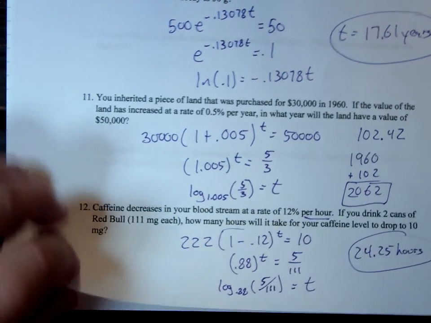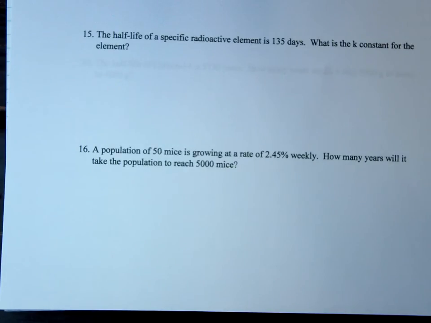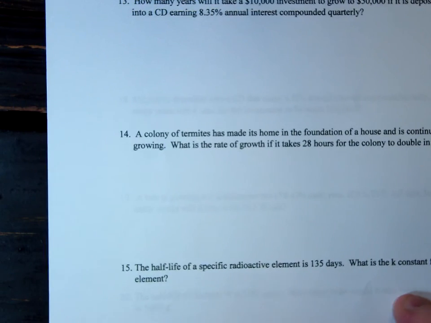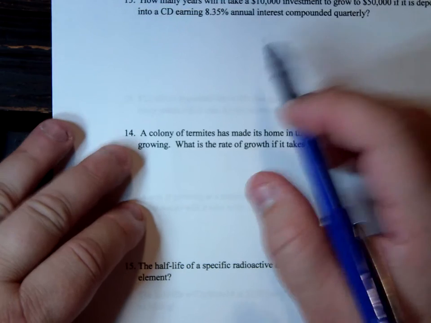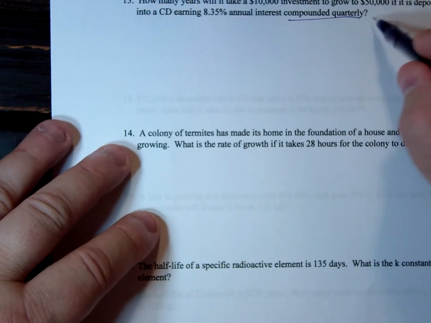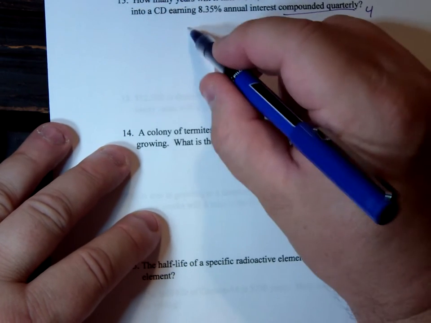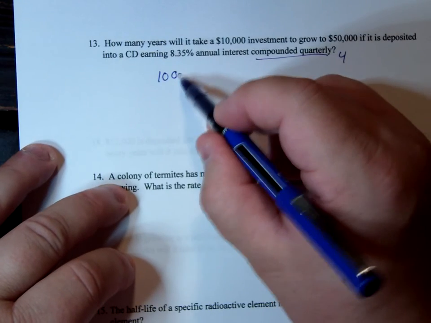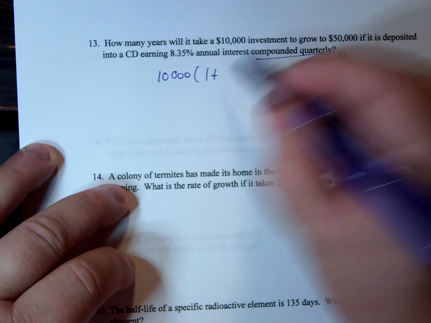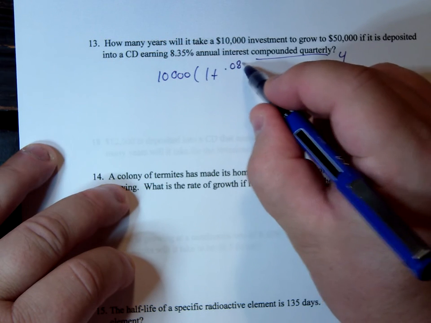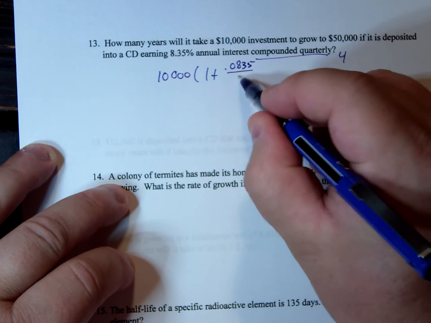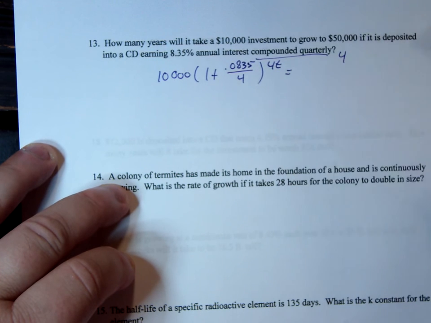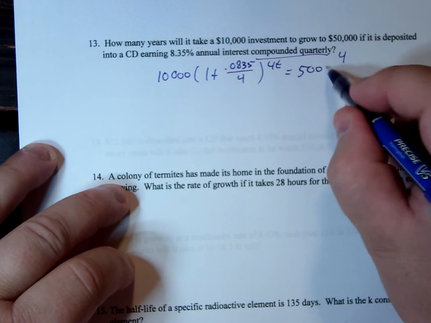Okay. 13. How many years will it take an investment deposit in CD compounded quarterly? Quarterly is 4. So you guys can see that. $10,000. 1 plus the rate 0.0835 over 4 for quarterly, to the 4t. When will that become $50,000?